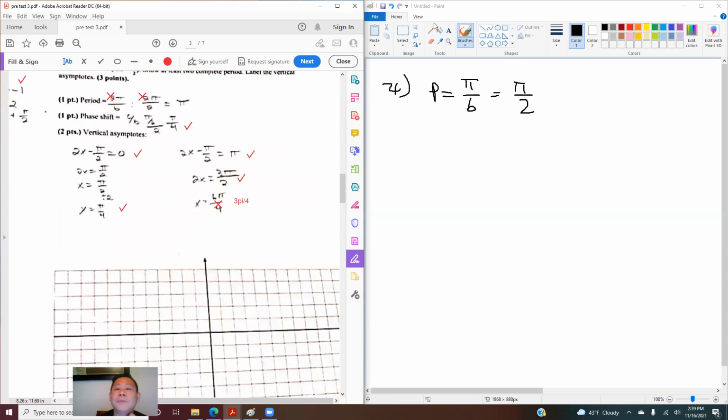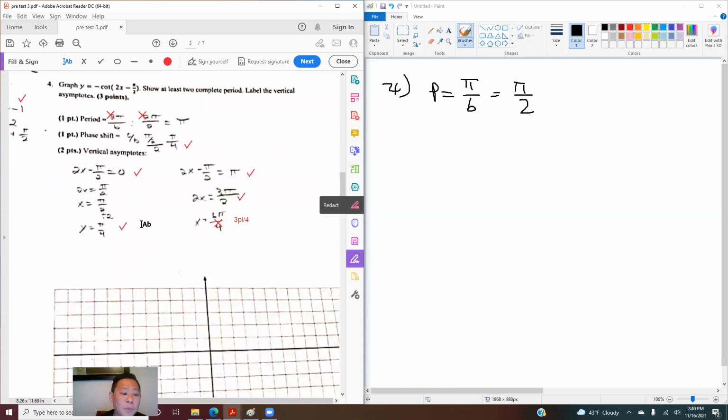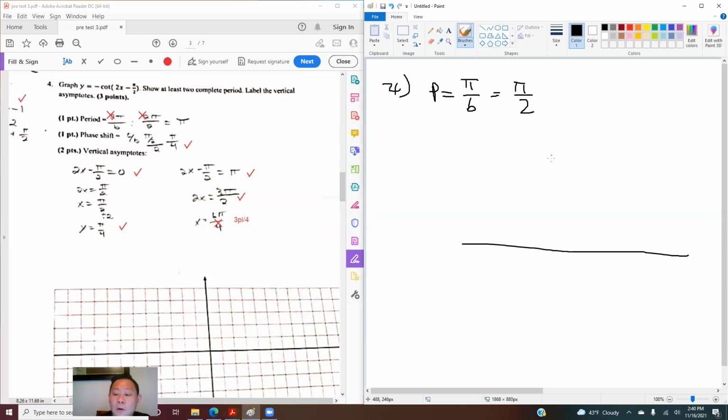So now we're going to graph. I'm going to teach you how to graph again. What you did here is your vertical asymptote, which is very important. So you will have pi over 4 over here, and then 3 pi over 4 over here.